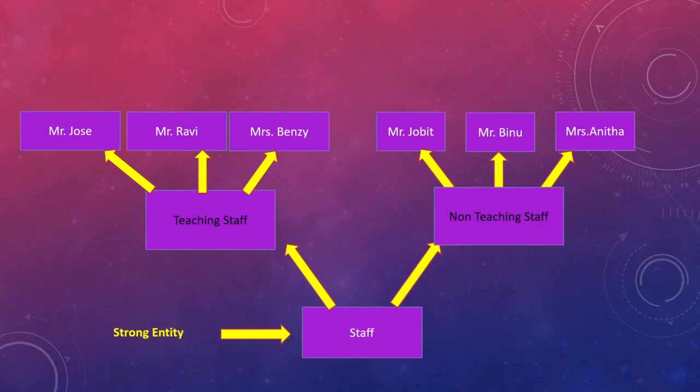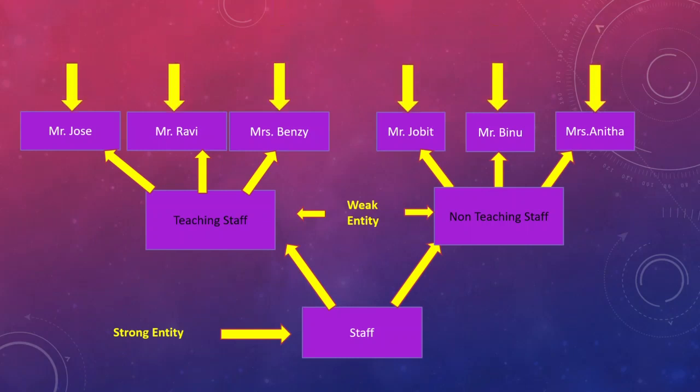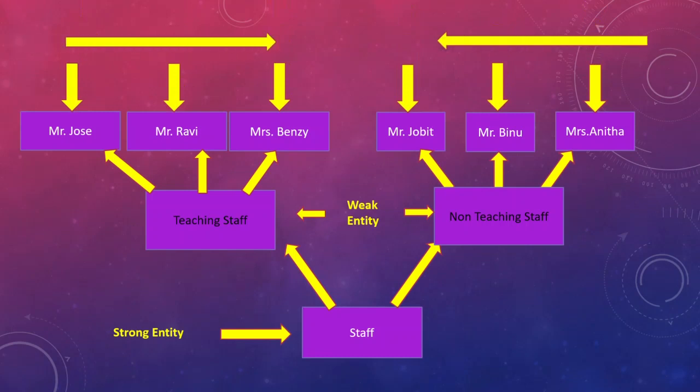So here, staff is a strong entity, and teaching staff and non-teaching staff are weak entities. And the names you can see there are the entity instances. I hope that you all understood the three types of entities.